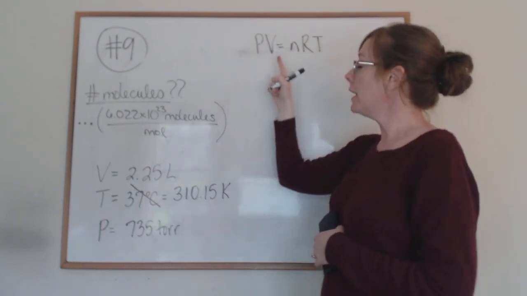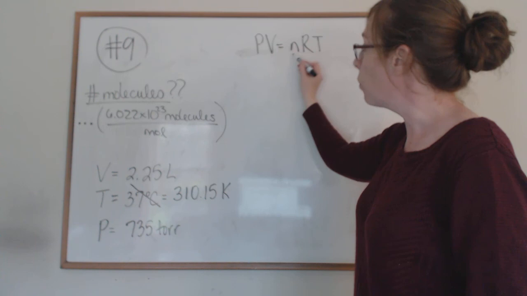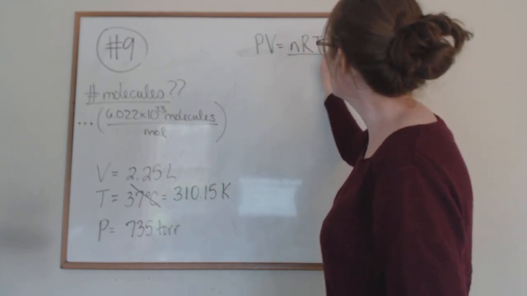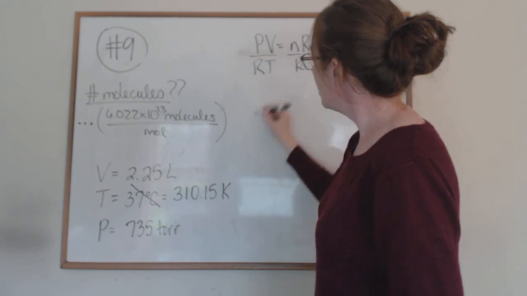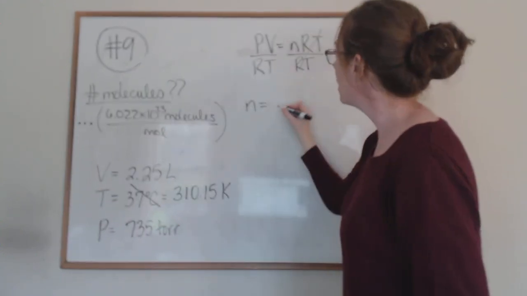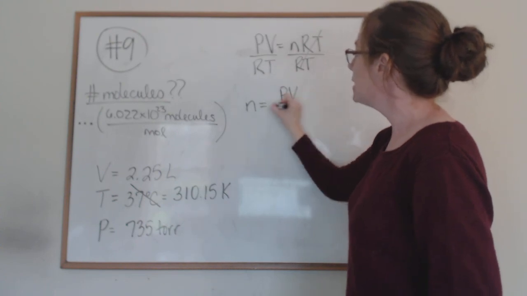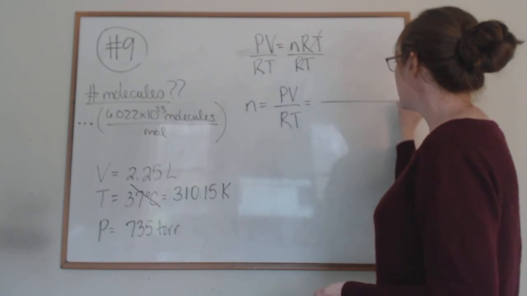In this case, the 4th one that I don't know is N. So I'm going to solve for N, number of moles, and my last step will come in a minute. N is going to be PV over RT. So now it's a matter of plugging numbers in.